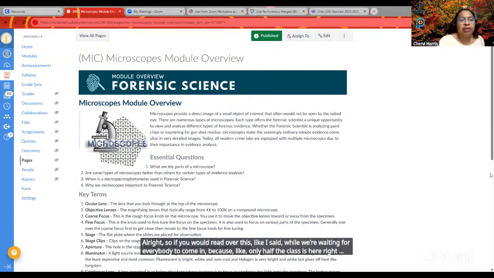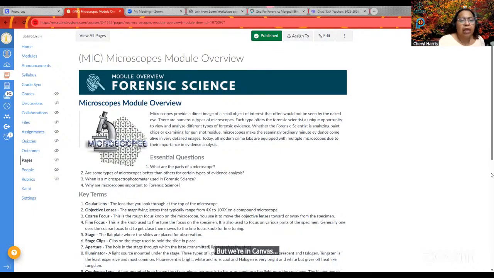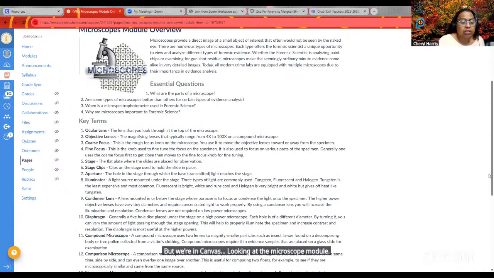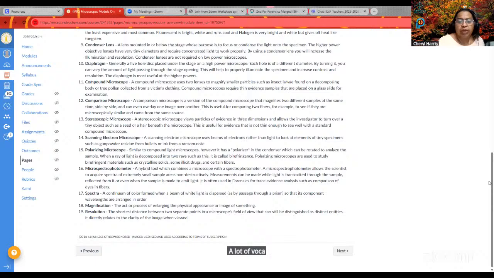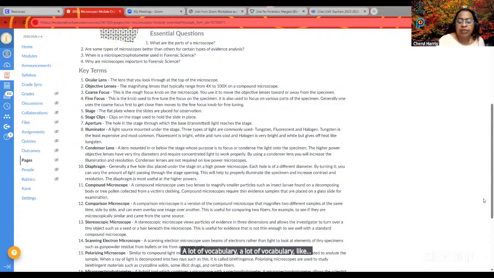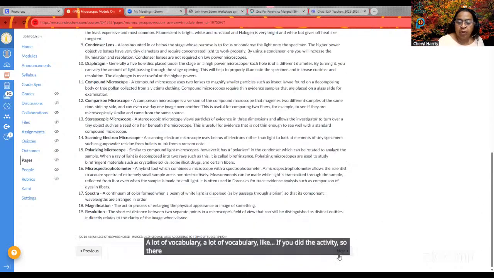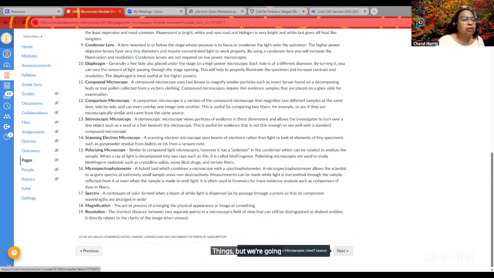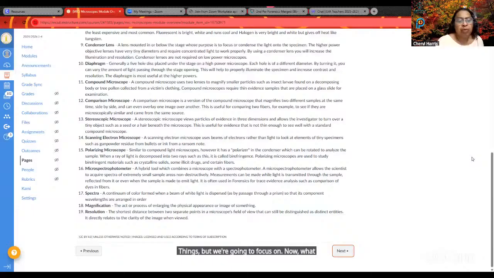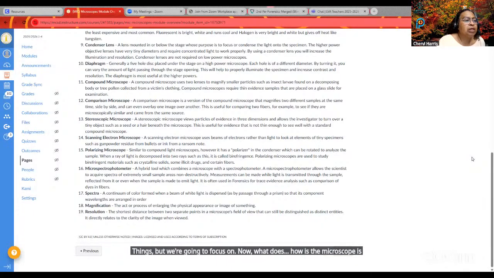We're in Canvas looking at the microscope module. A lot of vocabulary. If you did the activity, there's a lot of parts and a lot of things, but we're going to focus now on how the microscope is helpful for forensics.